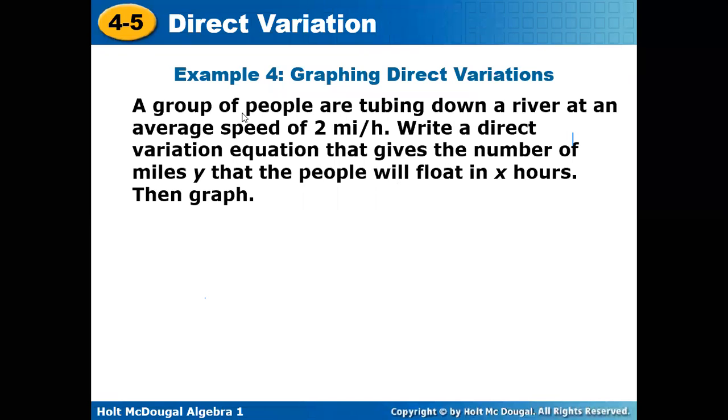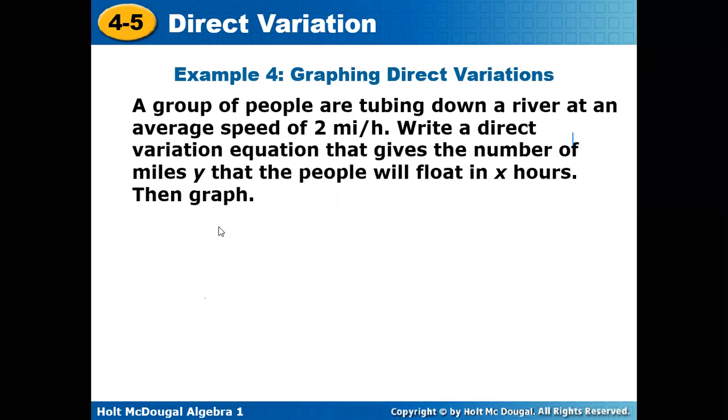Look, a group of people are tubing down a river at an average speed of 2 miles per hour. The question is, write a direct variation equation that gives the number of miles y that the people will float in x hours, then graph.